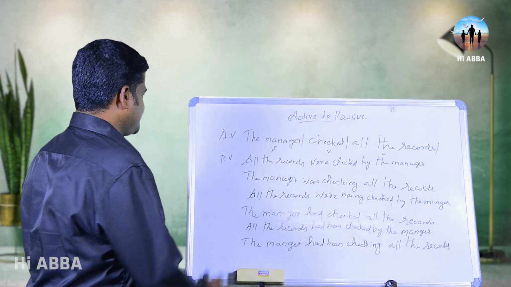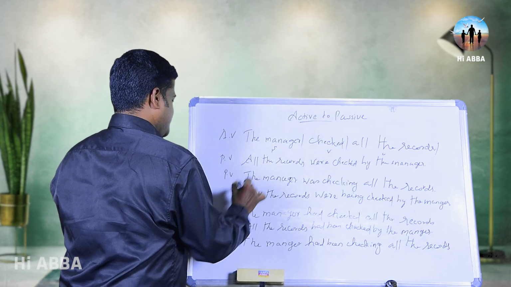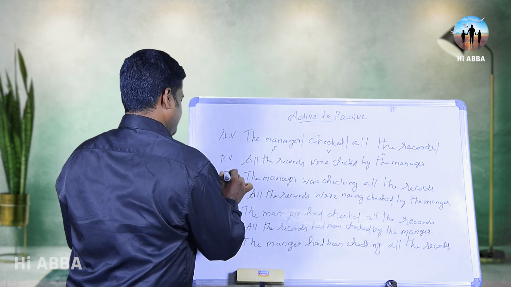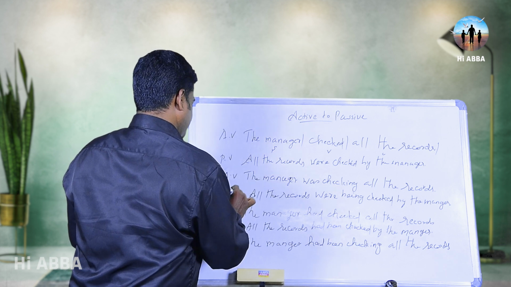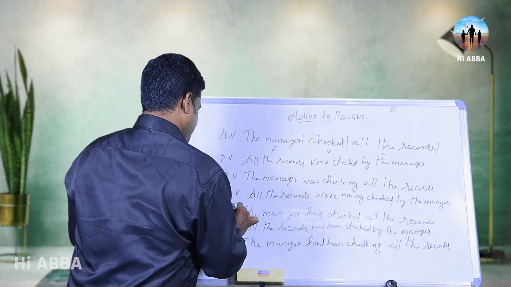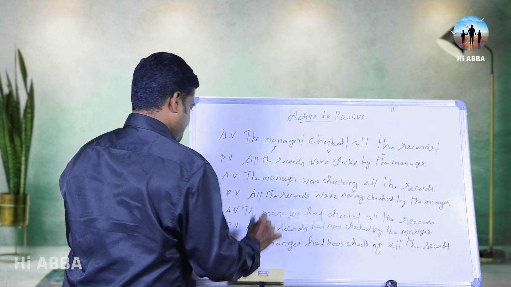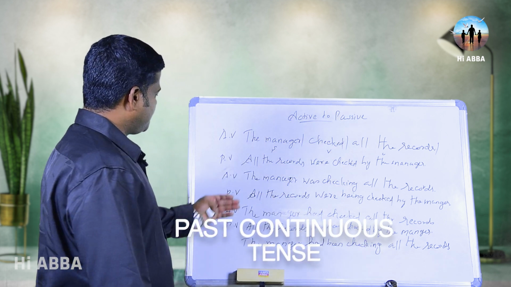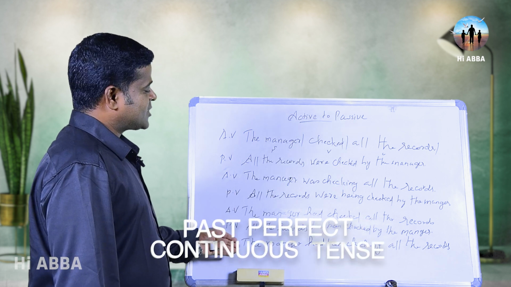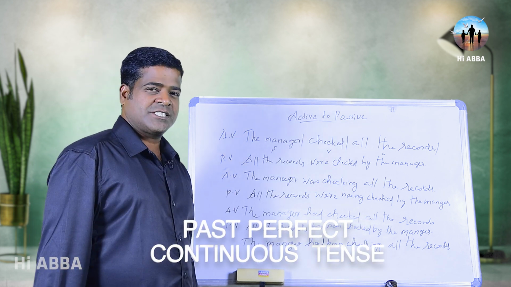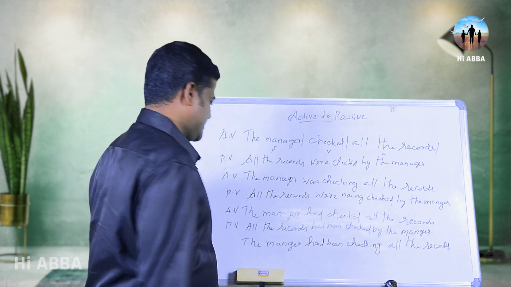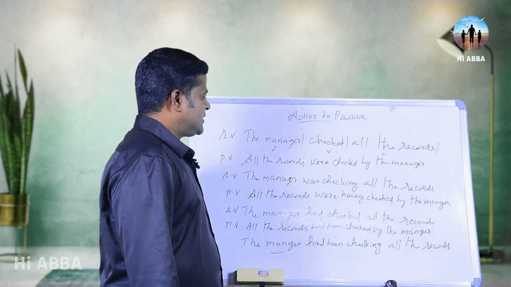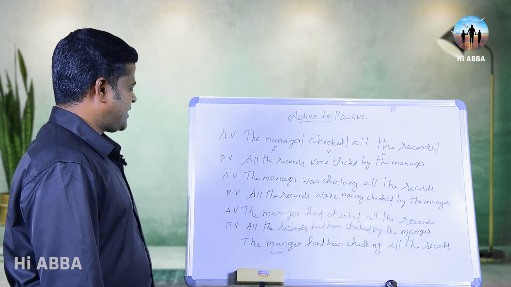So now we have changed simple past tense, past continuous tense, past perfect tense. Then the last one is past perfect continuous tense, which does not have passive voice. Then we'll leave it. This is example for all the past tenses.